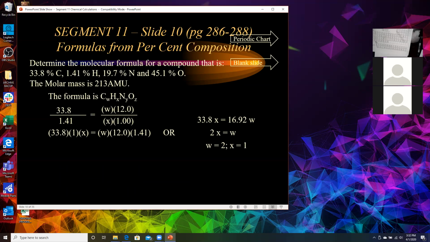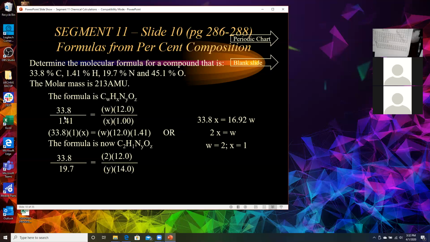W is going to be the coefficient in front of X, remember, it's a 2, and X is going to be the coefficient in front of W, it's a 1. All right, so the formula is C2H1NYOZ.